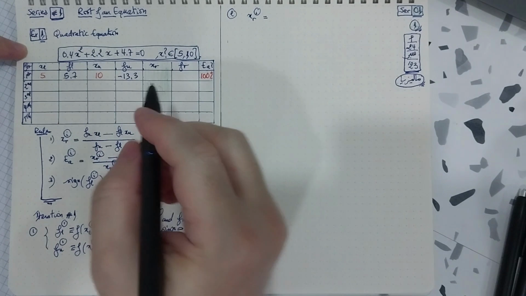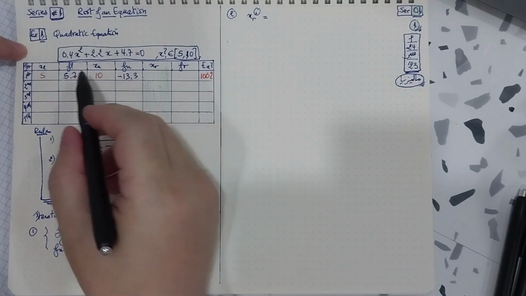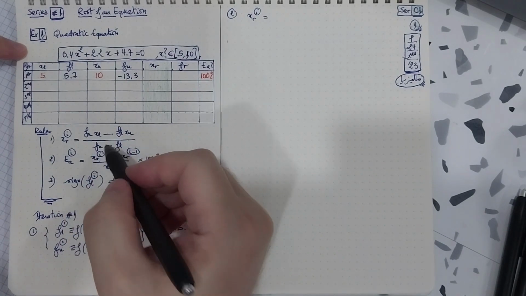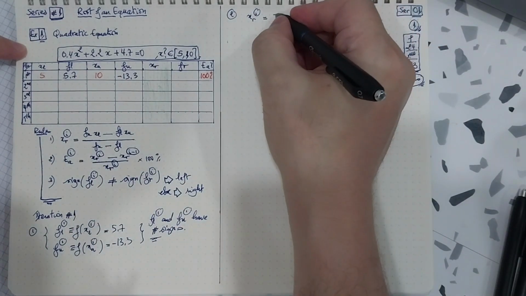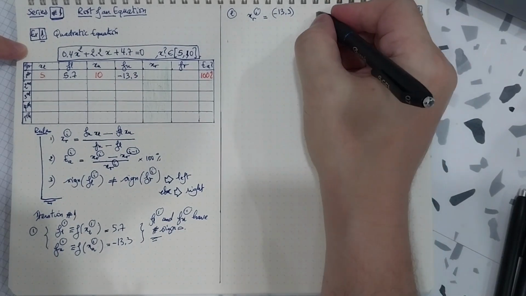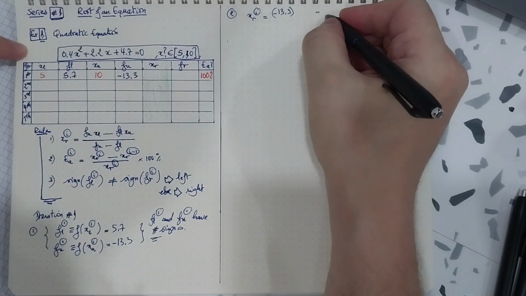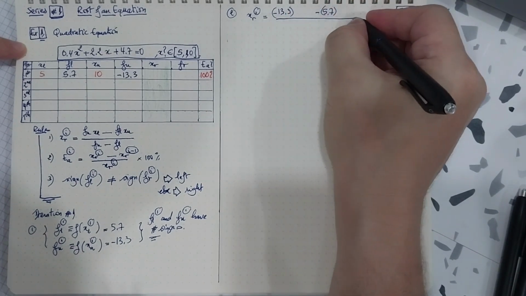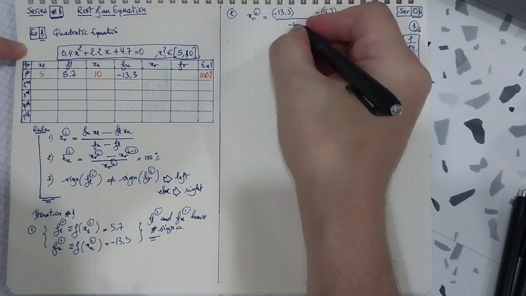Then let's apply the formula of XR1. We have FU and FL in the numerator and the denominator. So let's write it here, minus 13.3, leave space for the x's, and 5.7, both in the numerator and the denominator.